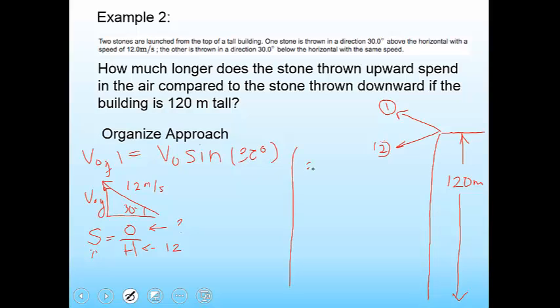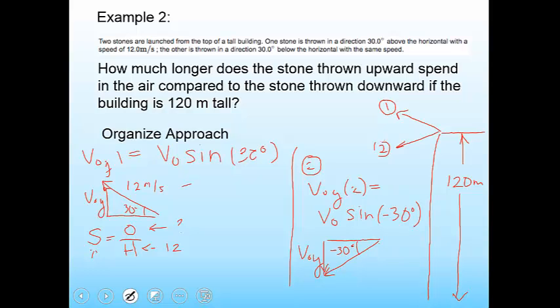For stone 2, we know that V naught Y for 2 uses the same exact equation. The only difference now is that this 30-degree angle is now negative 30 degrees, and we're still interested in V naught Y. So sine is equal to opposite over hypotenuse, and V naught Y is V naught times the sine of negative 30 degrees.